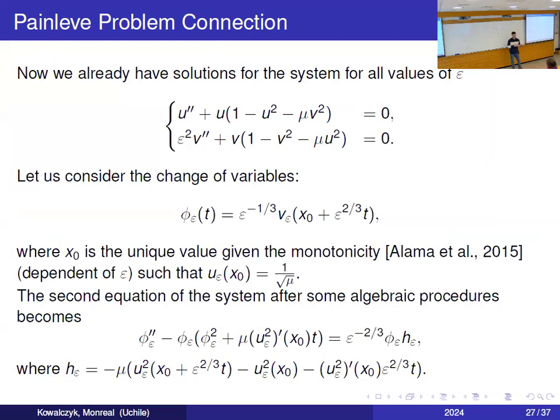The thing is, why is this different? At the beginning, we had this uniform estimate on the values of u and b, taking values between 0 and 1. Now, given that this change of variables is divided by epsilon to the power of 1/3, if we consider epsilon going smaller and smaller, we can lose control of the values.